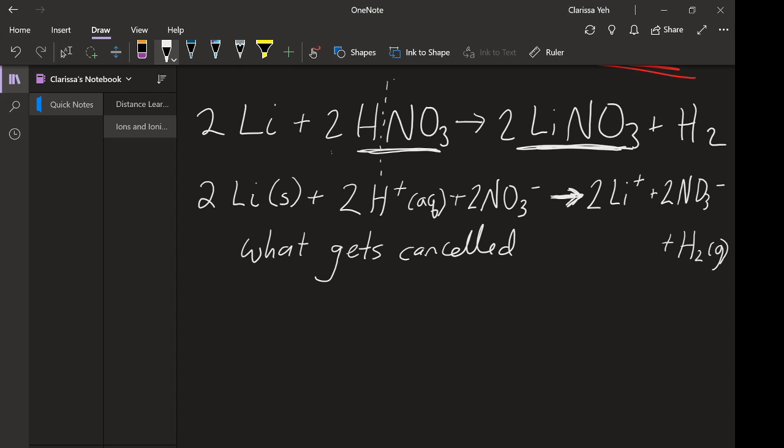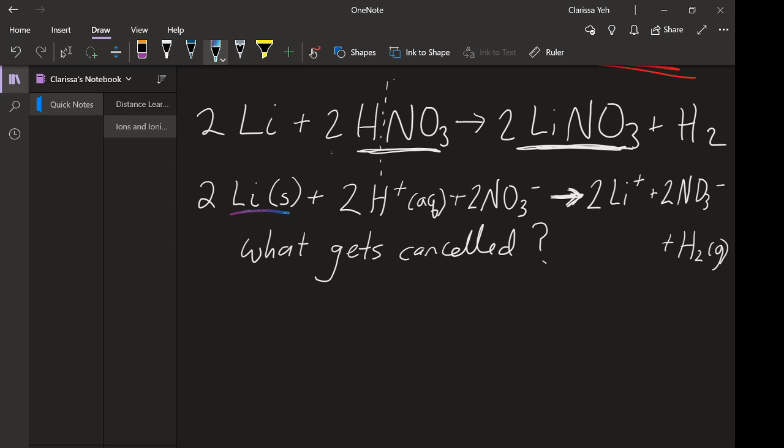So have a look at both sides of our equation and see if there's anything that is exactly the same on either side. So I'm looking at, first I'm going to look at the lithium, the solid.